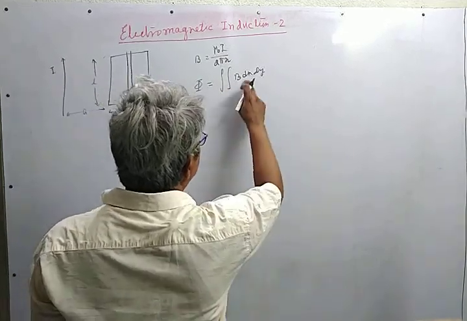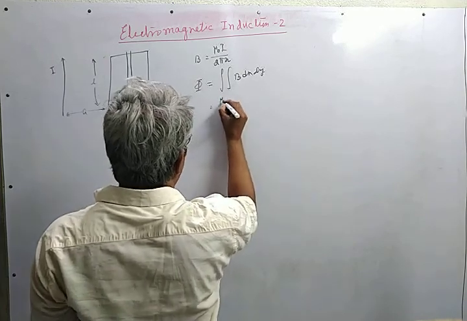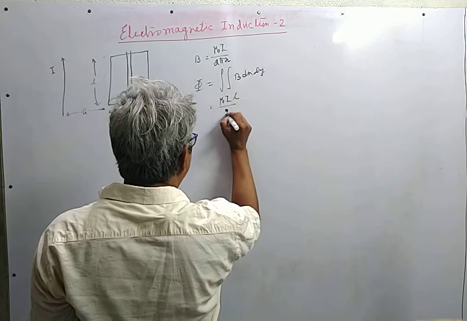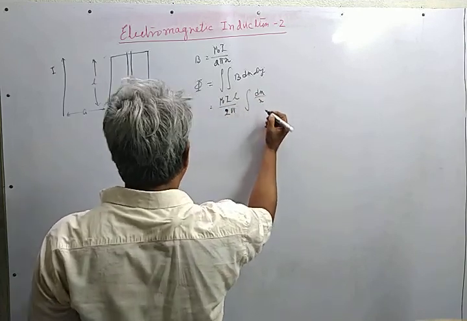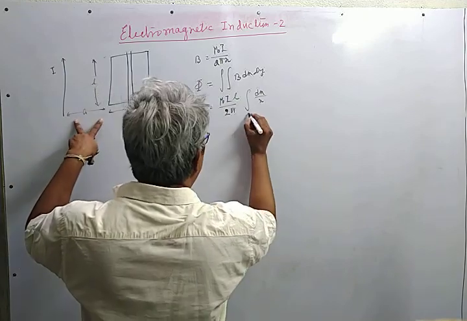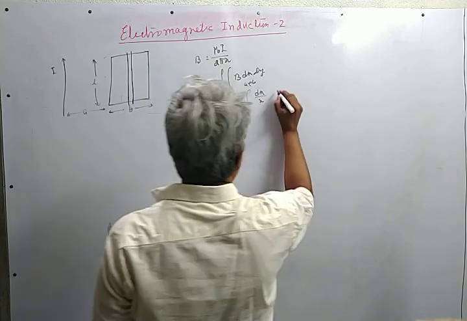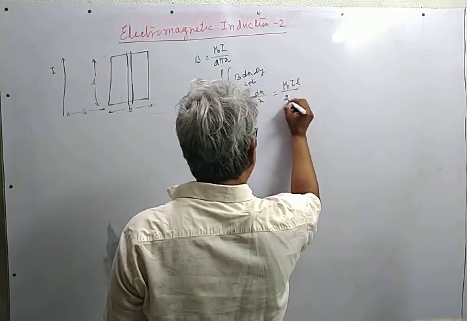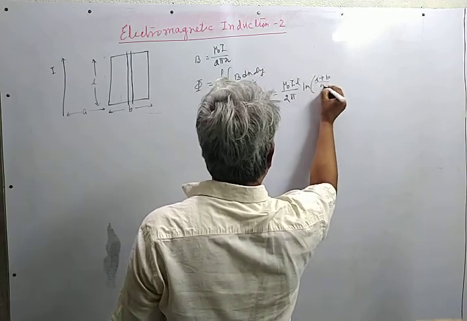When we integrate over y, we get L, so mu 0 I L by 2 pi, and then dx upon x. The x integration limit is from a to a plus b. So this is equal to mu 0 I L upon 2 pi log of a plus b by a.